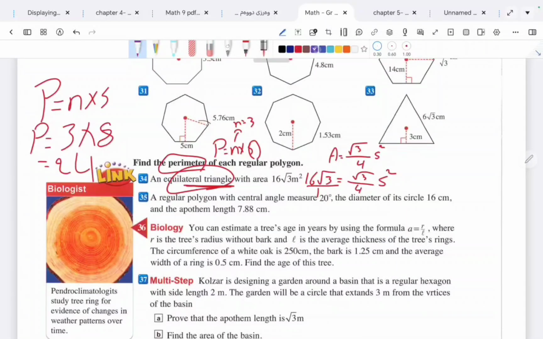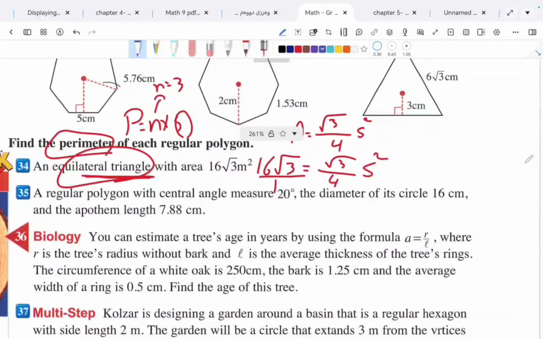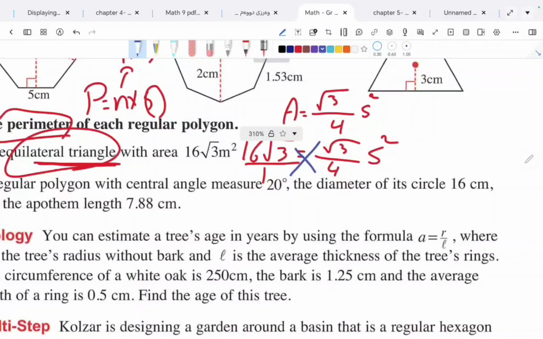So the rule of an equilateral triangle is what? Area equals the square root of 3 out of 4 s power 2. Area is given, which equals 16 square root of 3, equals the square root of 3 out of 4 s power 2. Use cross product. 4 times 16 square root of 3 equals the square root of 3 s power 2.